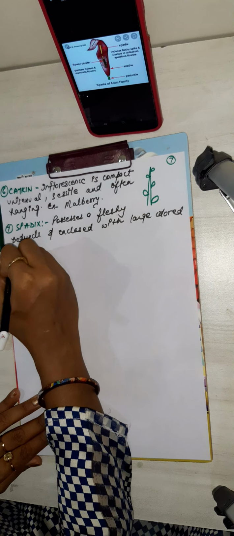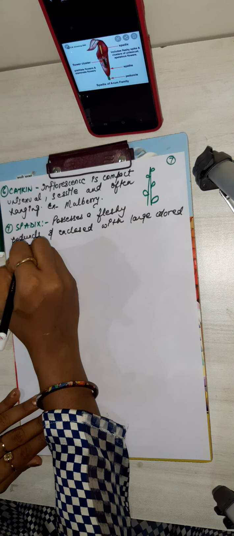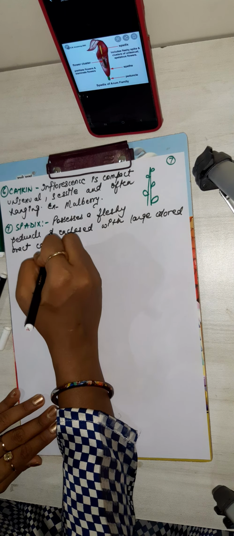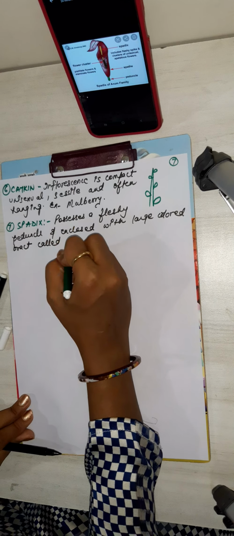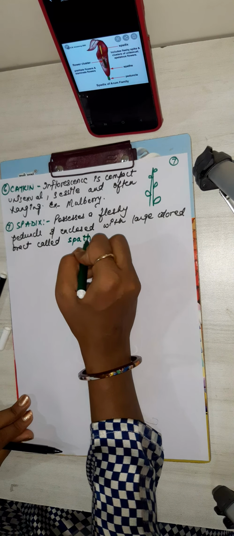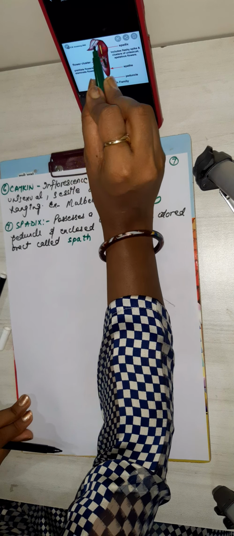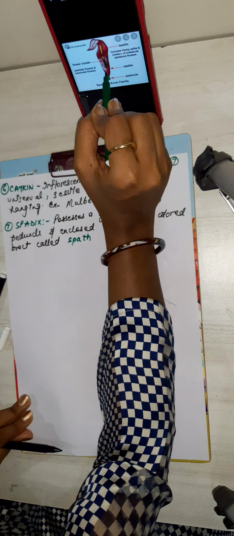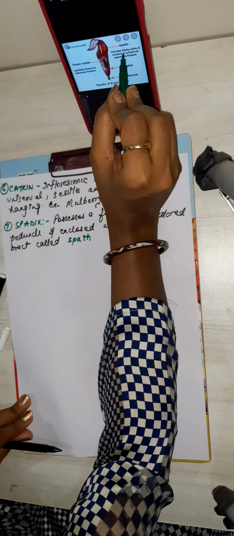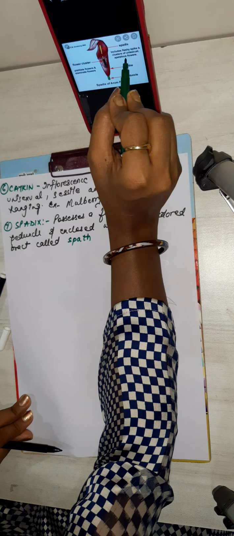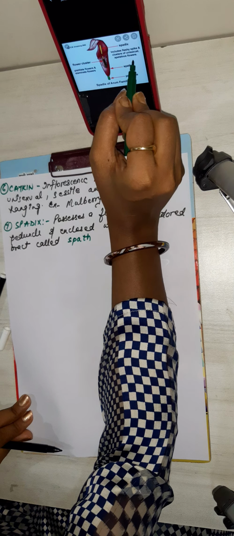Large colored bract called spathe. ये जो पूरा पिंक पोर्शन दिख रहा है स्टूडेंट्स, this is spathe. Okay, and this is spadix. Fleshy spike and clusters of unisexual apetalous flowers.